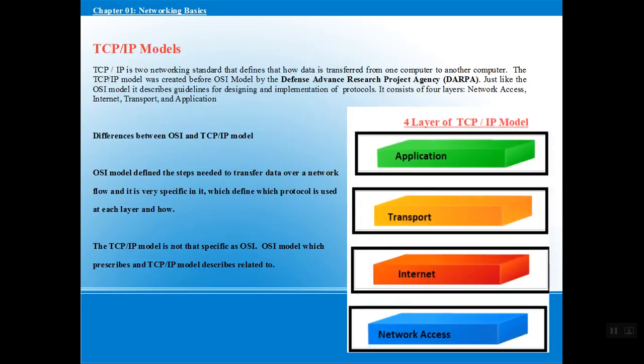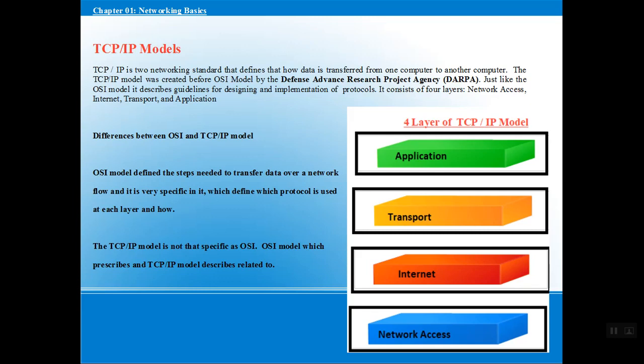And of course, like OSI, we have another one, that's TCP/IP. It's the Transmission Control Protocol/Internet Protocol, a network standard that defines how data is transferred from one computer to another computer. As we know, it was created before the OSI model by DARPA, the Defense Advanced Research Projects Agency.